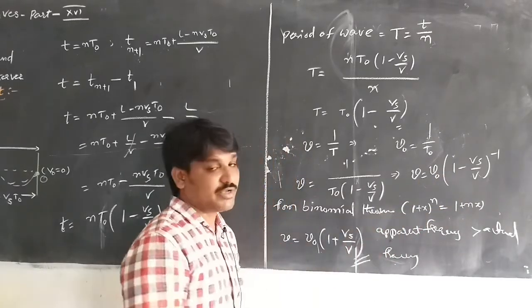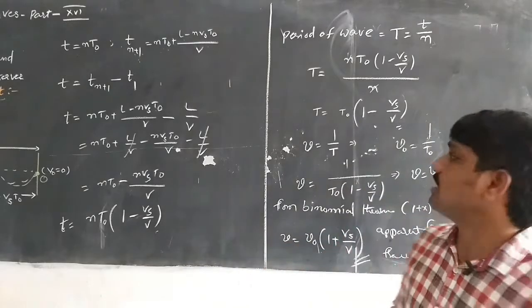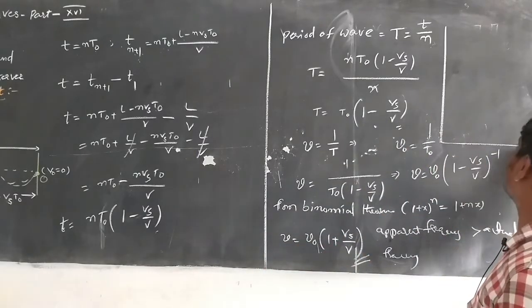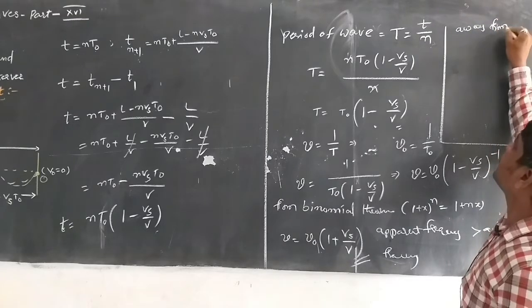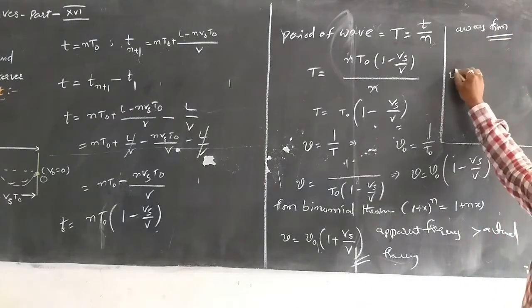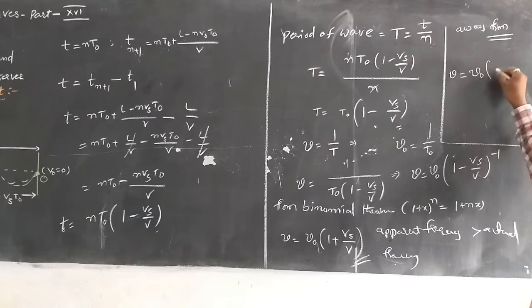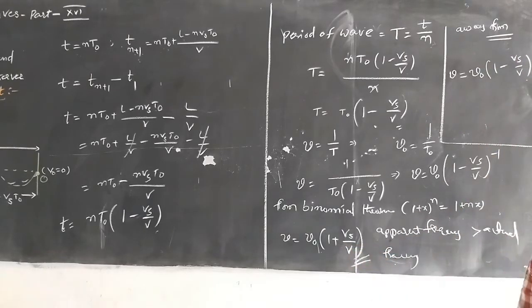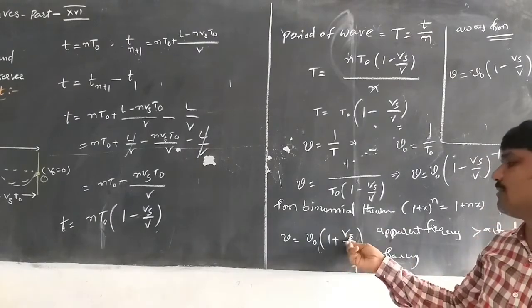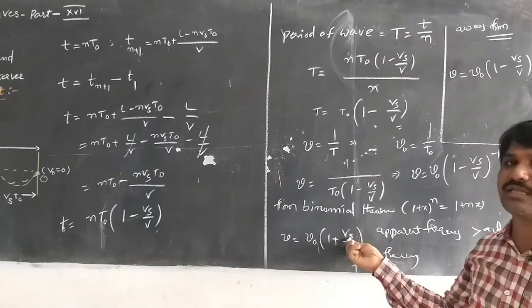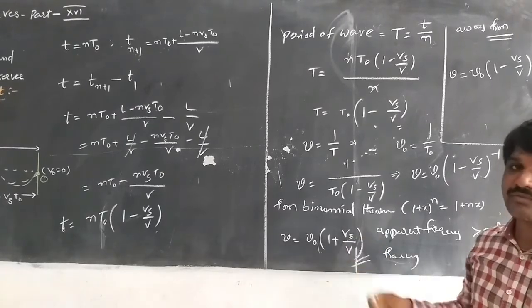If we want to find out the case when the source is moving away from an observer, we get the frequency nu is equal to nu naught of 1 minus Vs by V, because it is in the opposite direction. When the source moves towards an observer, the frequency goes on increasing second by second.